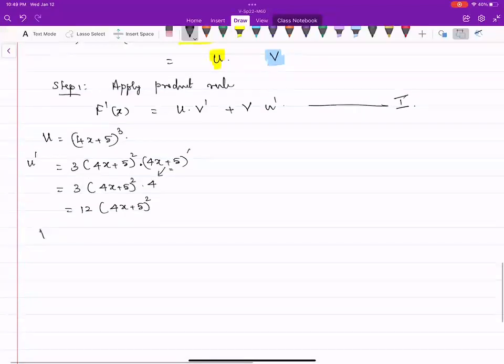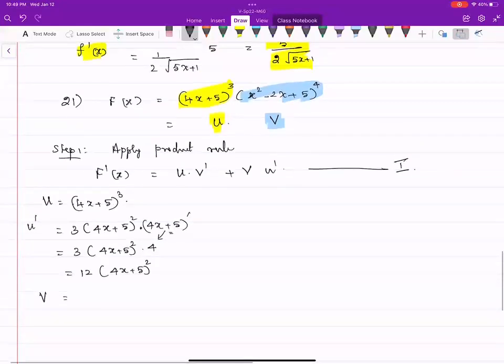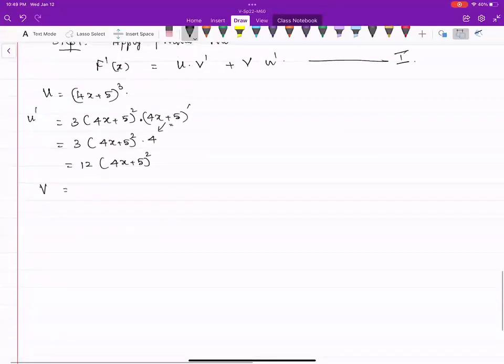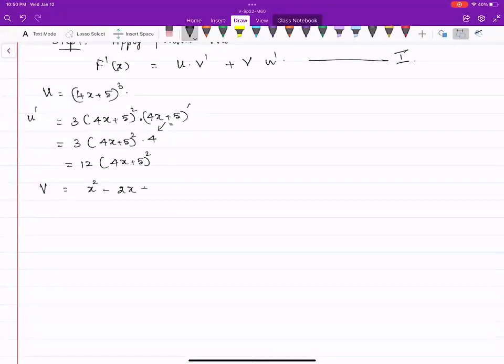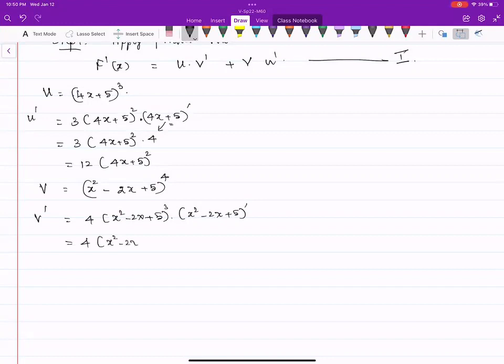Then what is our v? v is the second function, (x squared minus 2x plus 5) to the power 4. What is v prime? Outer derivative times inner derivative, which is 4 (x squared minus 2x plus 5) to the power 3.